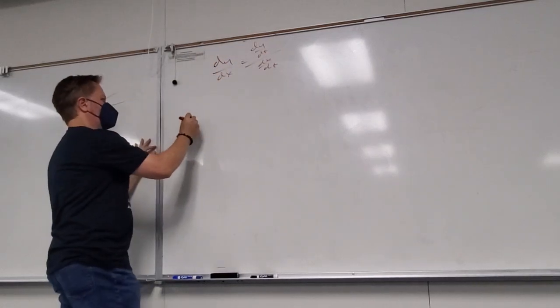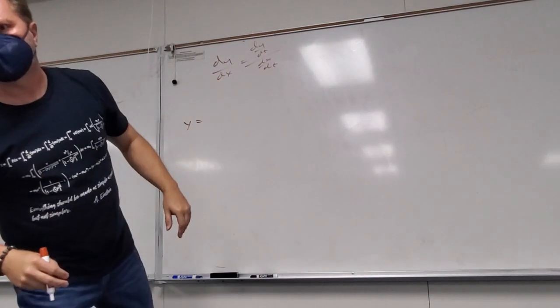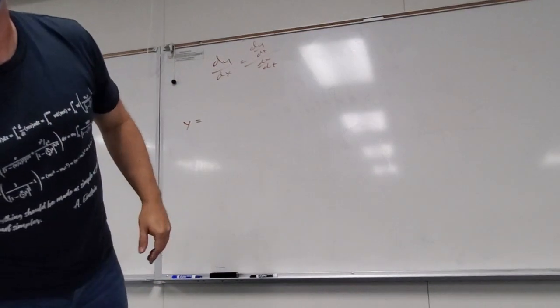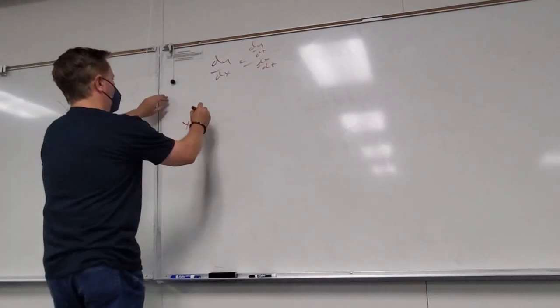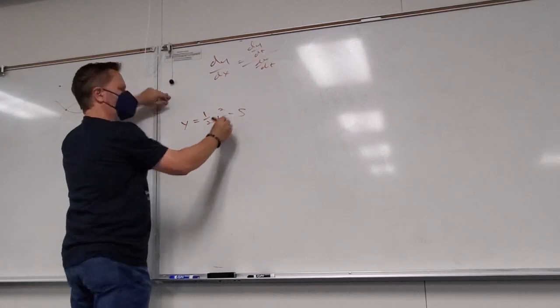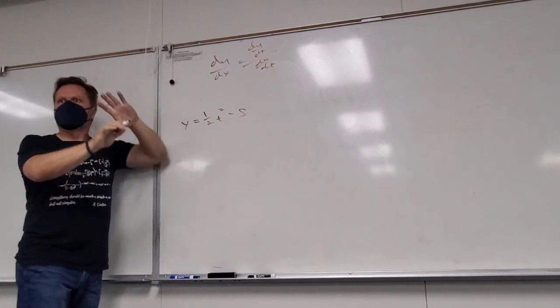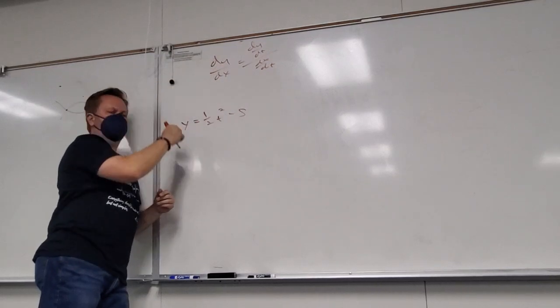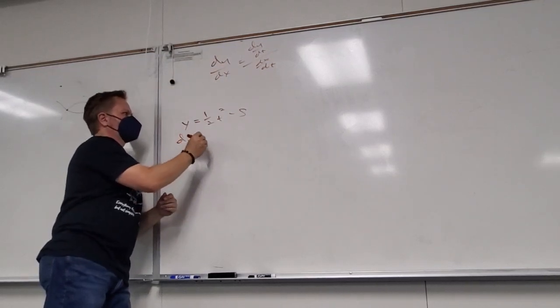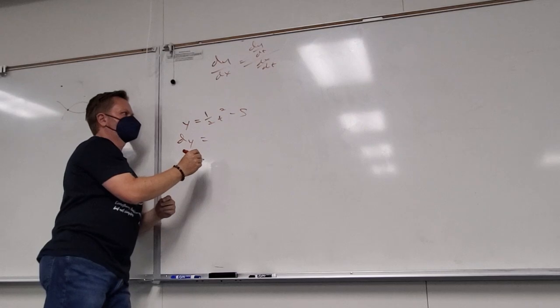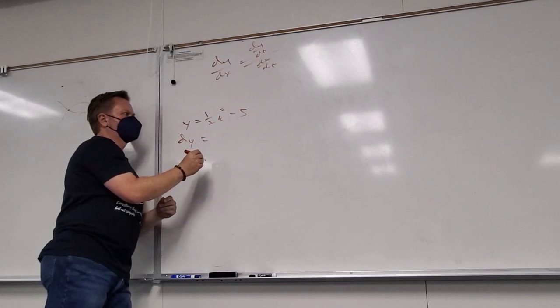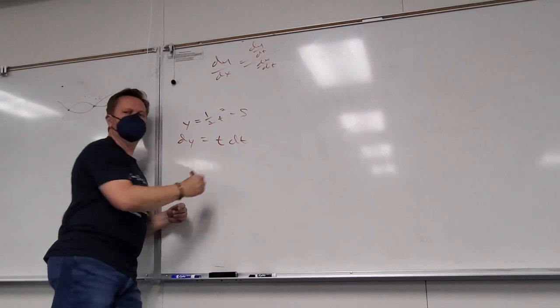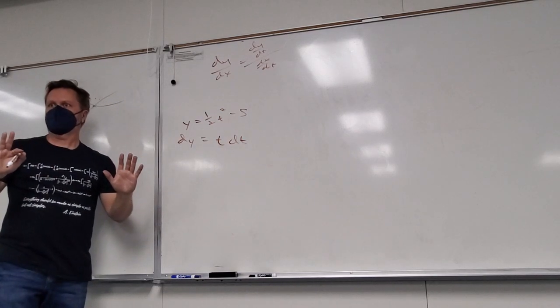So what's y in this case? I forgot. 1/2 t squared minus 5, right? I like this way better, but I just showed you that way because that's what the book has. But what is dy? t dt, yes? Right?